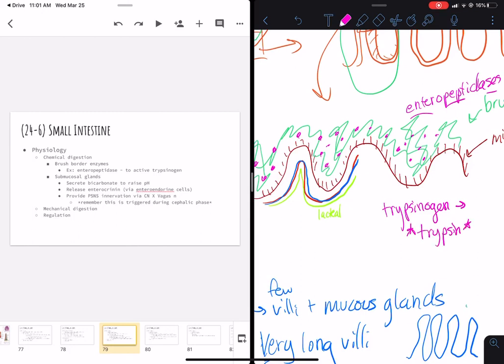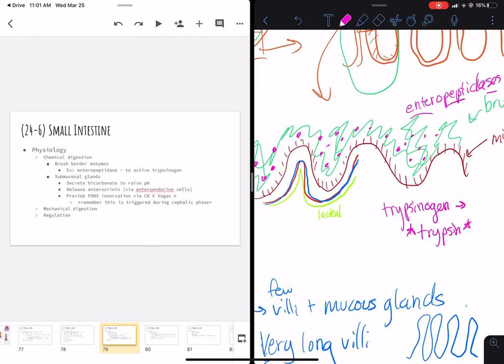And then trypsin can go on and activate procarboxypeptidase and turn it into carboxypeptidase, and whatever other inactive proteases we have coming from the pancreas. But trypsin is the active form in order for us to start breaking down some of those proteins. We'll also secrete bicarb here to help deacidify the environment.